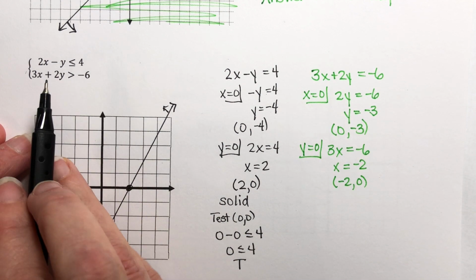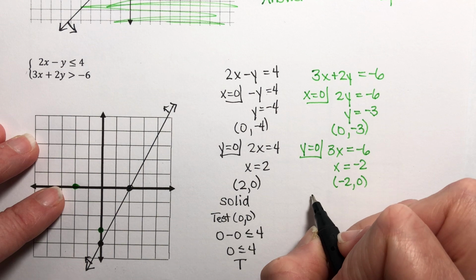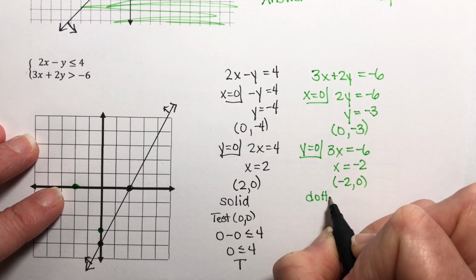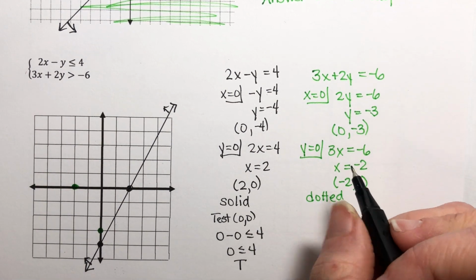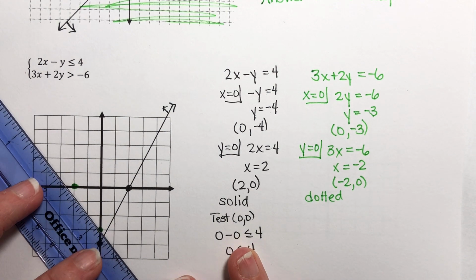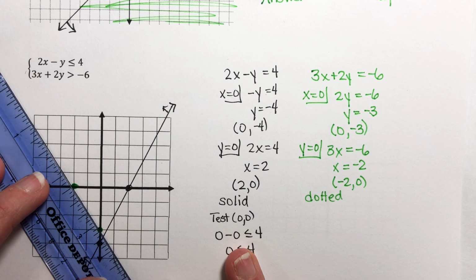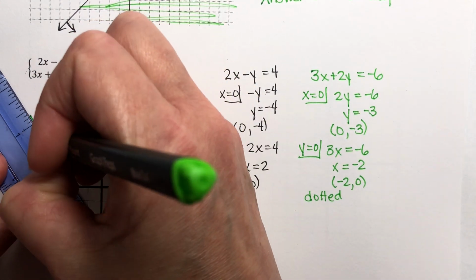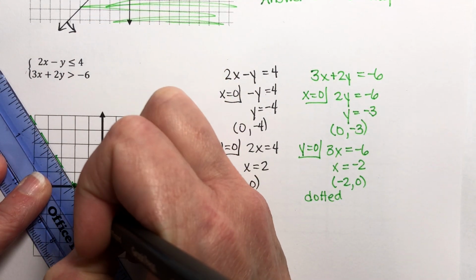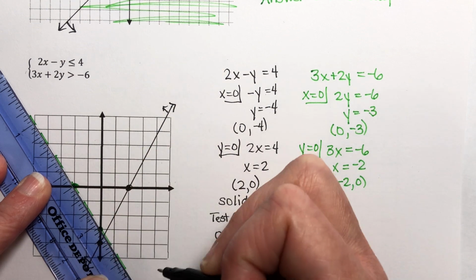This only has a greater than, no equal to on it, so we use a dotted line. Okay, so I'm going to draw this one in as a dotted line.